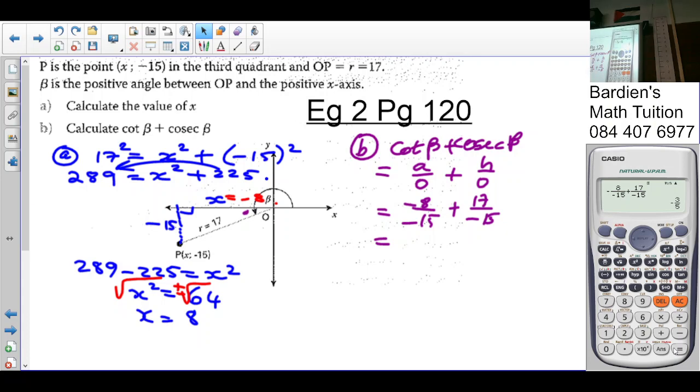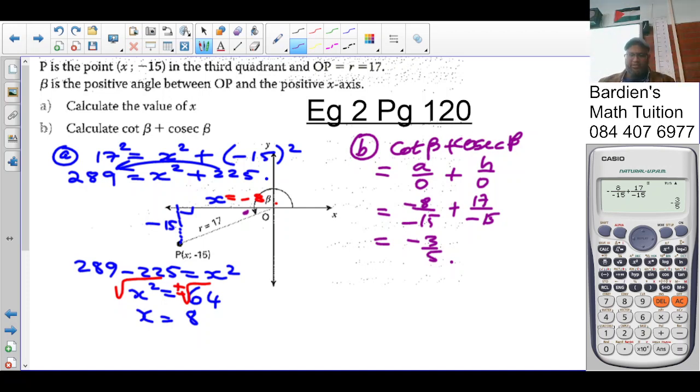Negative 3 over 5. I don't get it. Okay, any questions with regards to this here? Okay, I think I made a mistake.